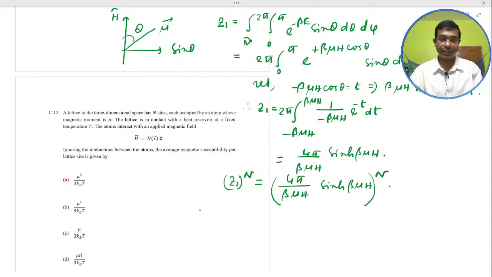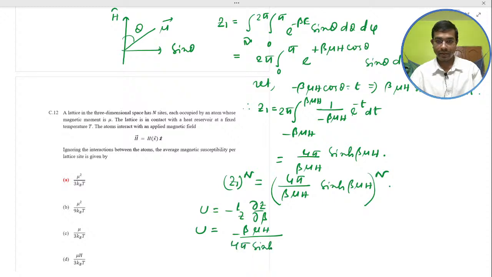So now the energy U is minus 1 by Z del Z by del beta. And U is minus beta mu h divided by 4 pi sinh(beta mu h), into 4 pi divided by mu h.